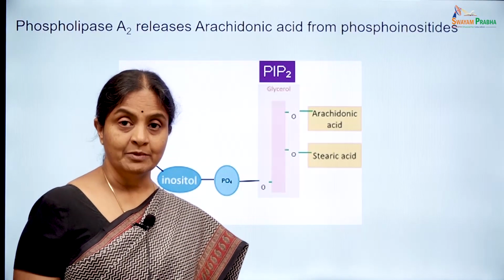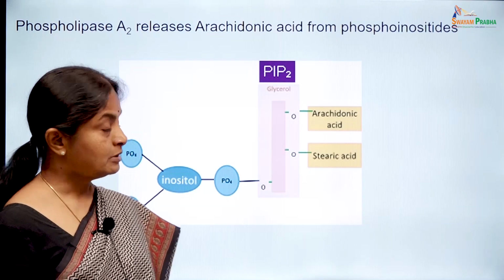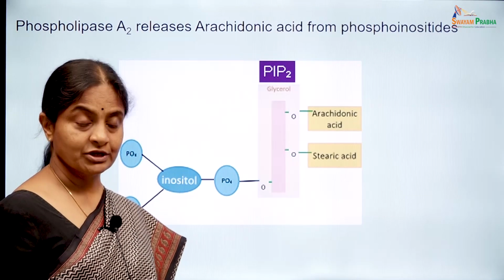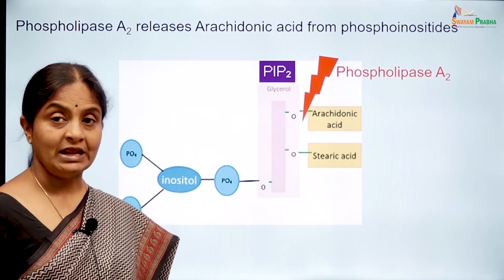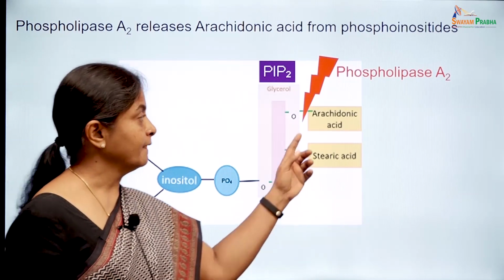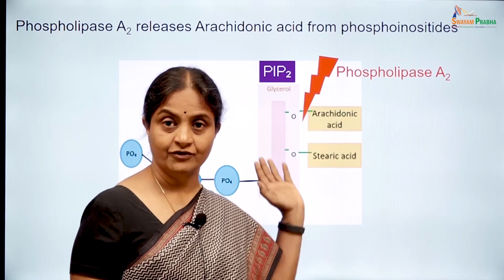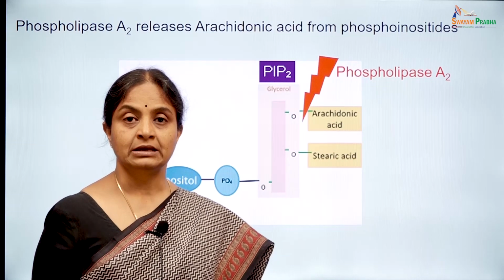The other enzyme which can act on phosphatidylinositol bisphosphate or other phosphoinositides is phospholipase A2. It can specifically cleave off arachidonic acid from the phosphoinositides.